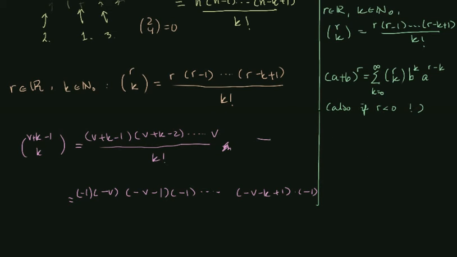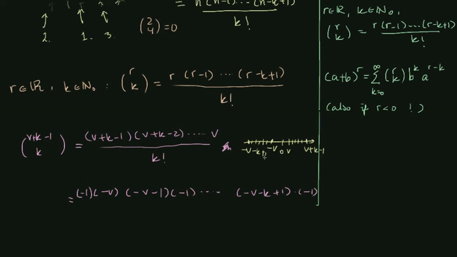So if we consider the number axis and this is 0, then what we did earlier was to go from v plus k minus 1 and then so on down to v. What we're doing now is we're taking minus v and going so on down to minus v minus k plus 1.